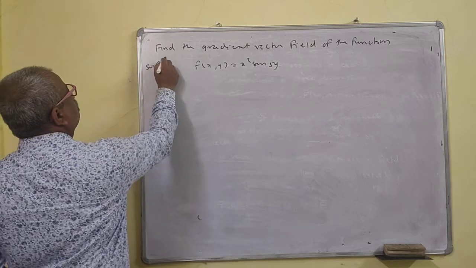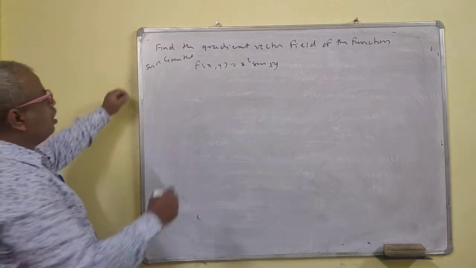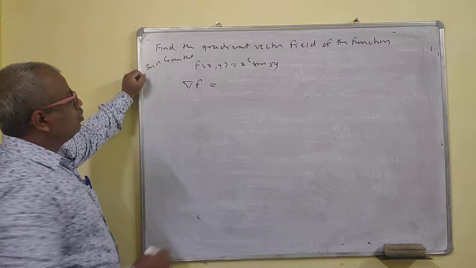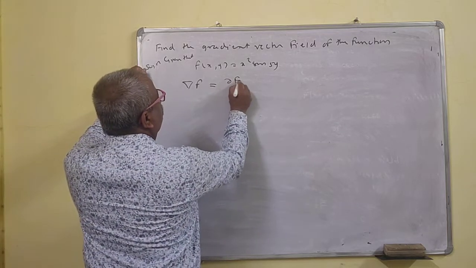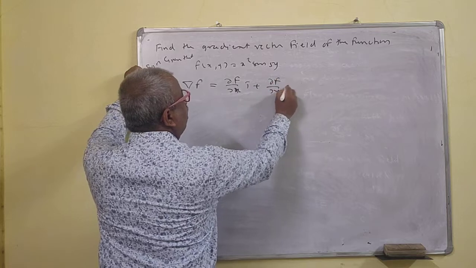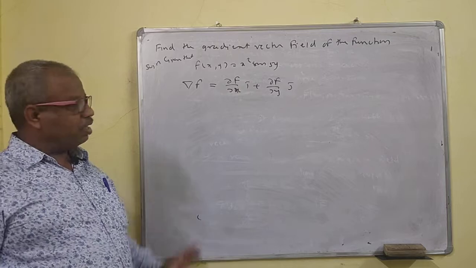Solution: given that f of (x, y) is equal to this. The gradient of f, del f, is given by the formula del f by del x i bar plus del f by del y j bar. This is in two dimensions.